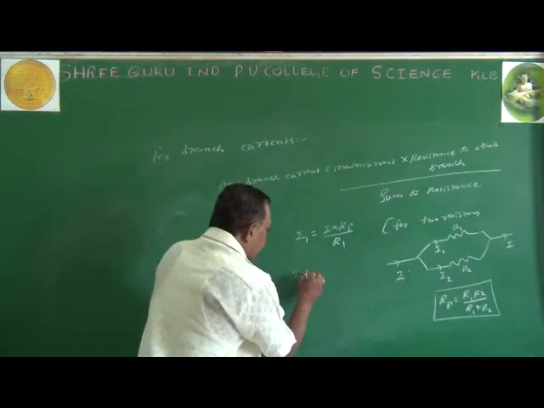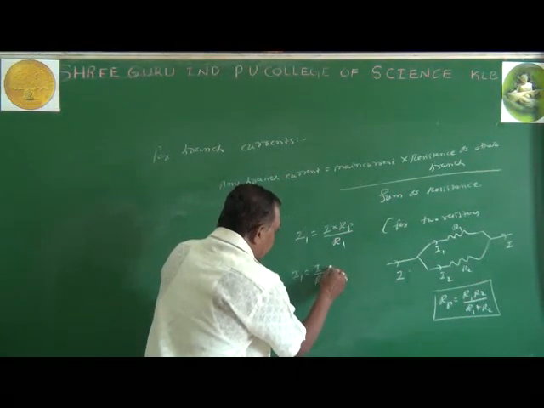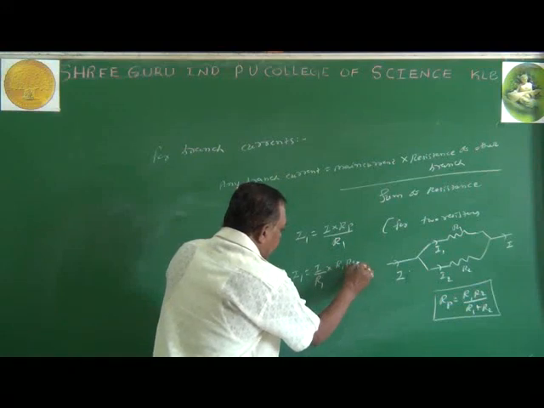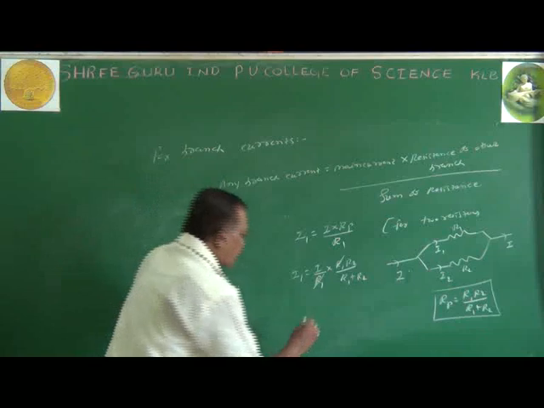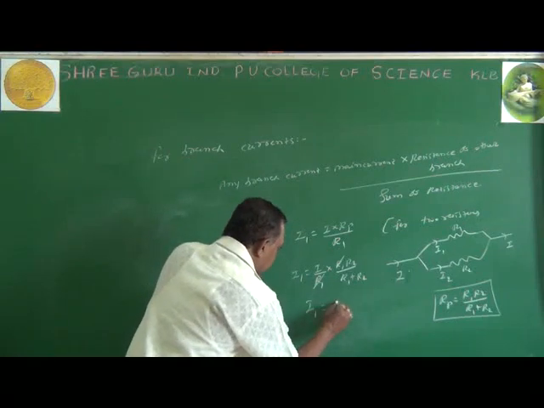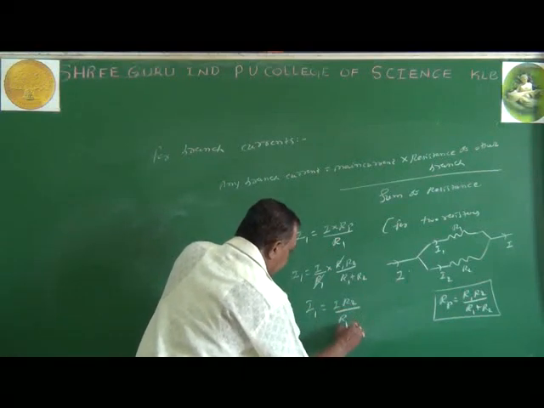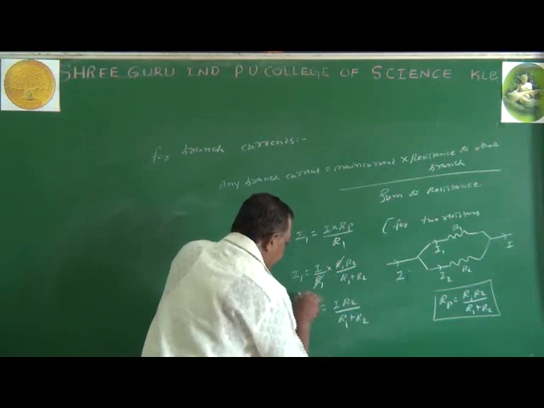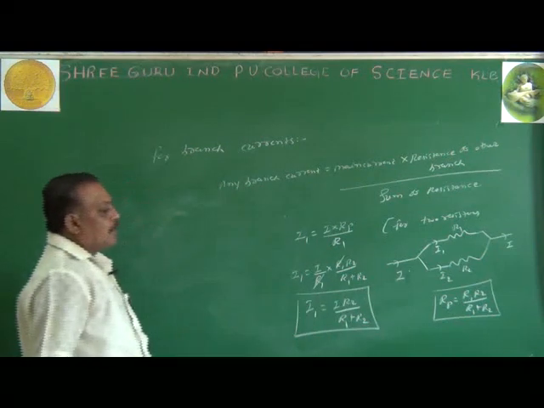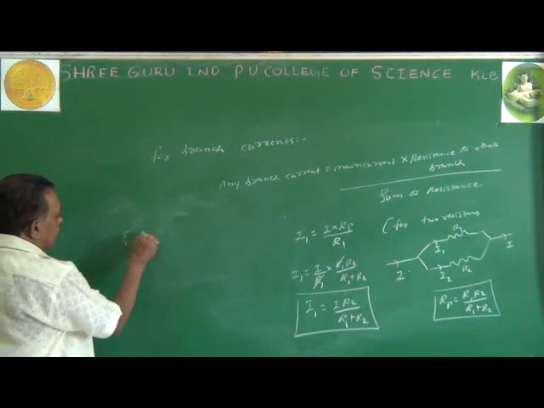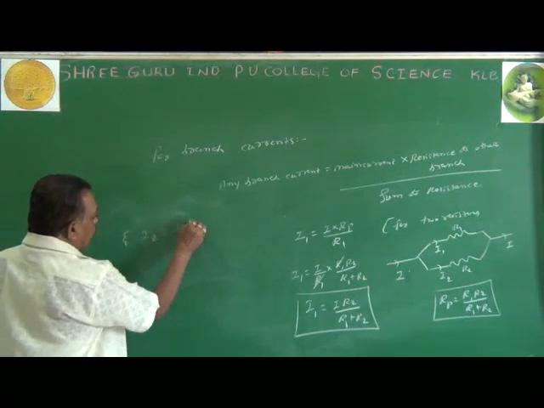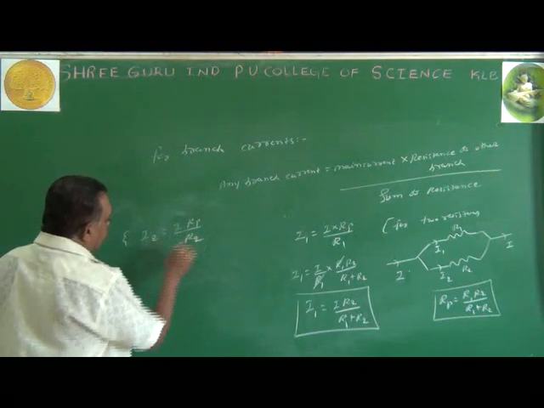So, I1 equals I into Rp by R1. What is Rp? R1 R2 divided by R1 plus R2. R1 gets cancelled. What is left? I1 equals I R2 divided by R1 plus R2. Similarly for I2: I2 equals I into Rp divided by R2.